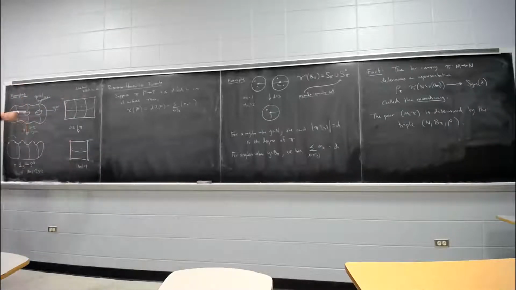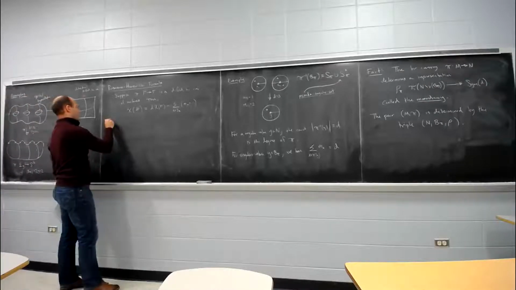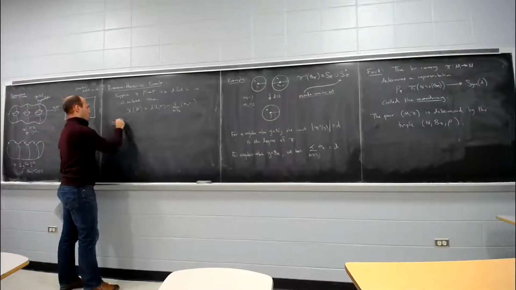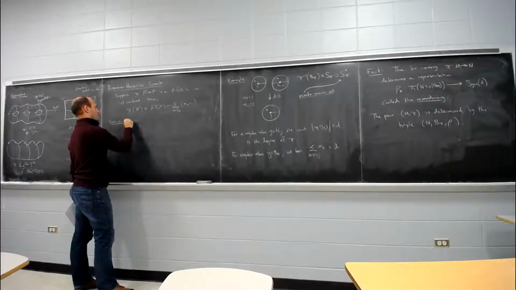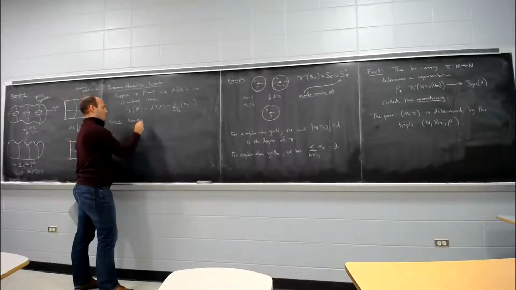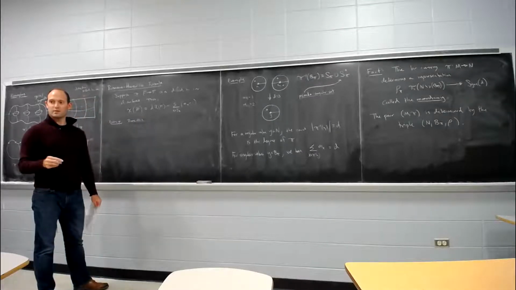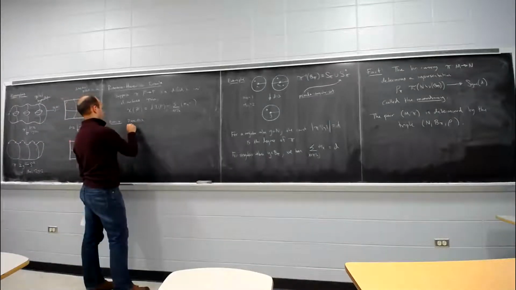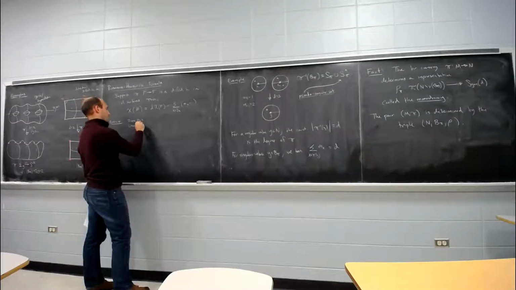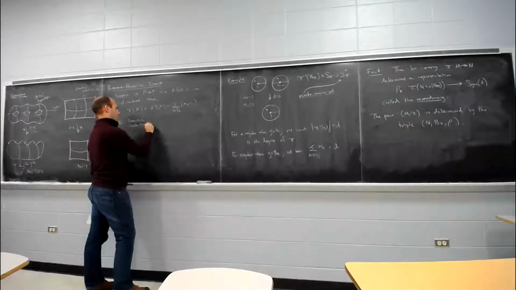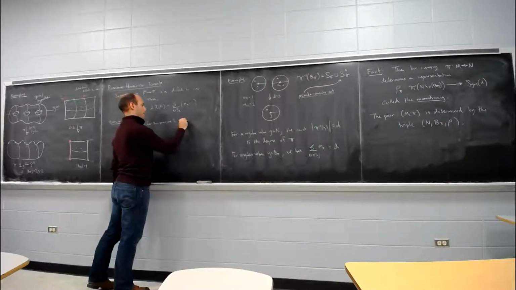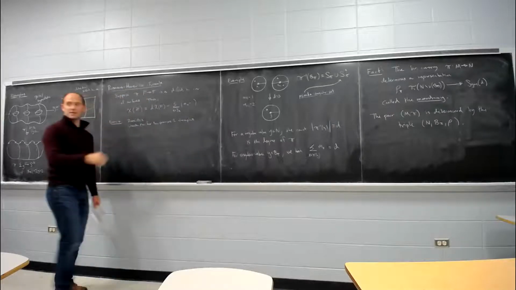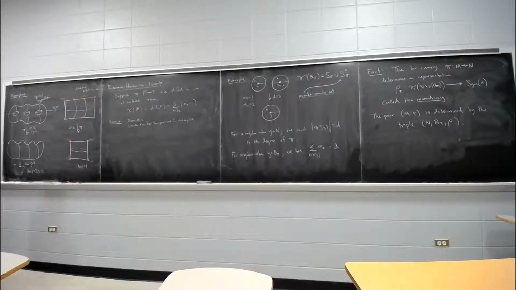So maybe as an exercise, the first exercise is to prove this, which is not too bad. And then the second exercise is to check this for the previous two examples, or maybe even other examples that you might want to look up.